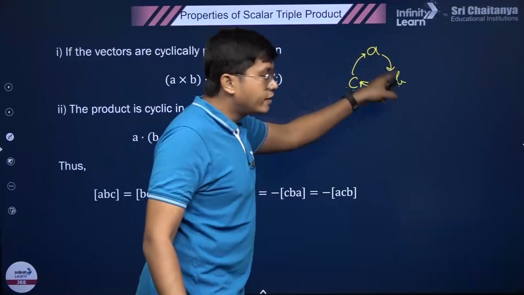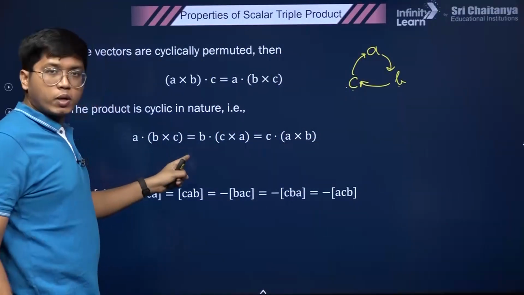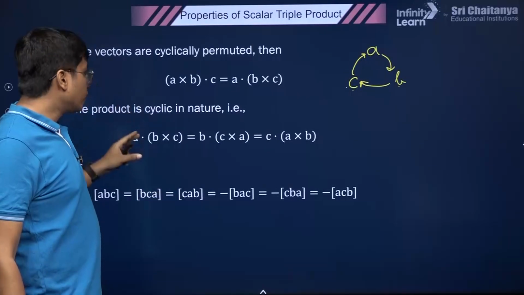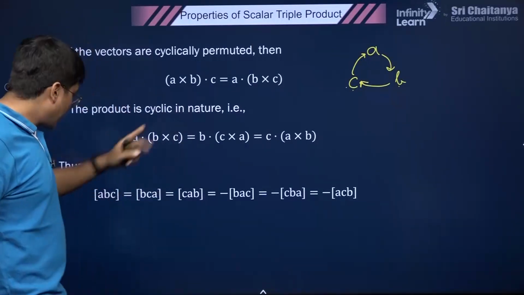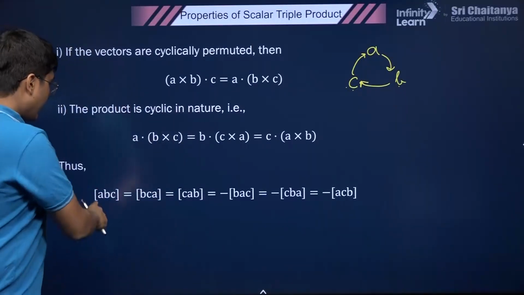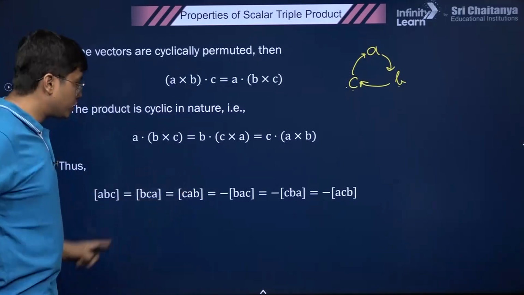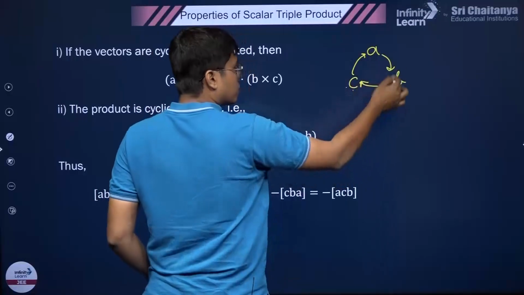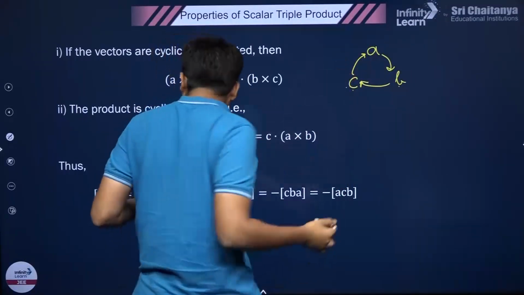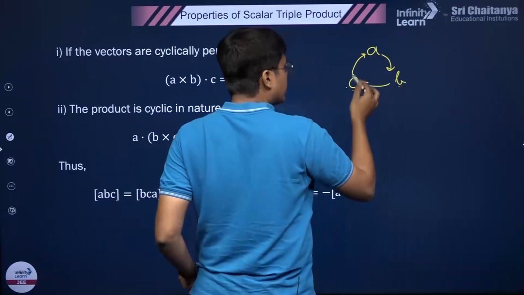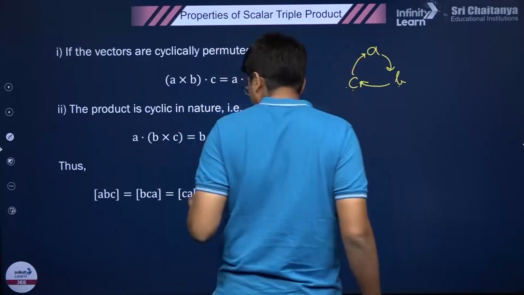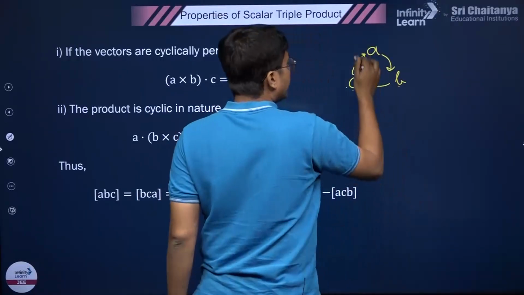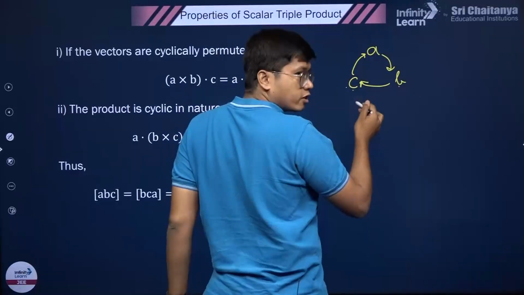As long as you're moving in the direction in which the original was, you will have them all being equal. That is why you see the scalar triple product abc is equal to bca is equal to cab. Why? Because originally abc, you write a, b, c, create your direction of the cycle. That is equal to bca, because b, c, a is still moving in that direction, is equal to cab, still moving in that direction.